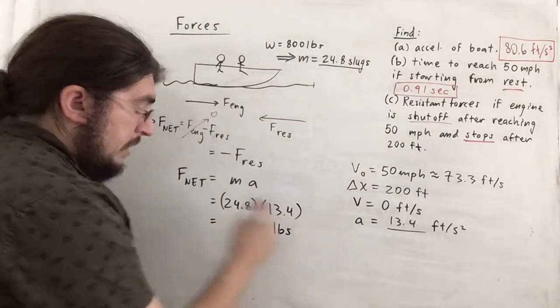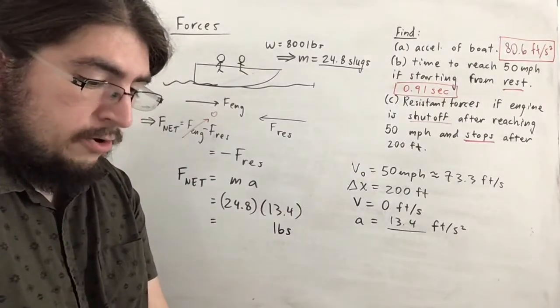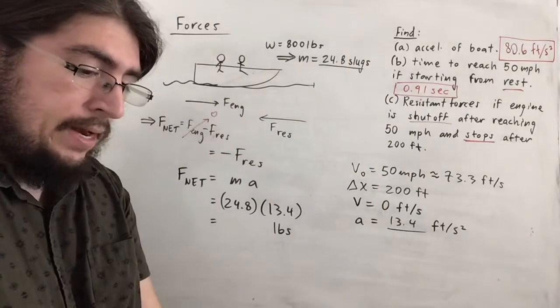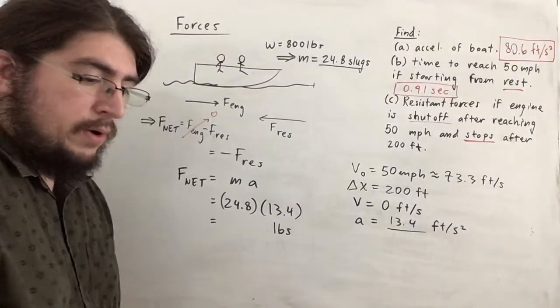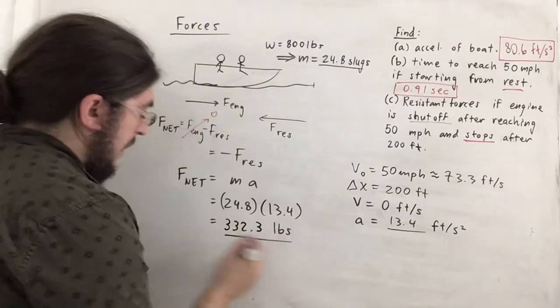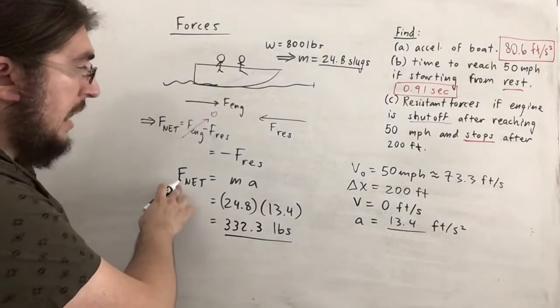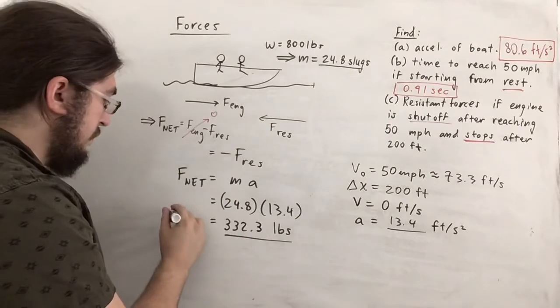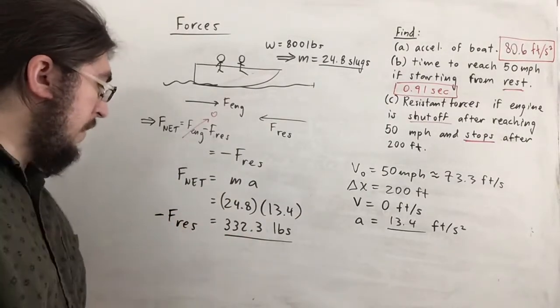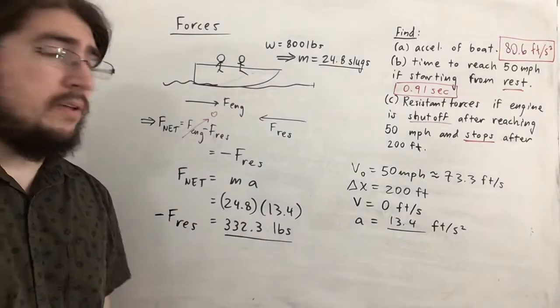And multiplying these numbers together, so that's 13.4 multiplied by 24.8 gives me 332.3. And notice F net is actually just the negative resistance force. So that means the resistance force is this negative value.